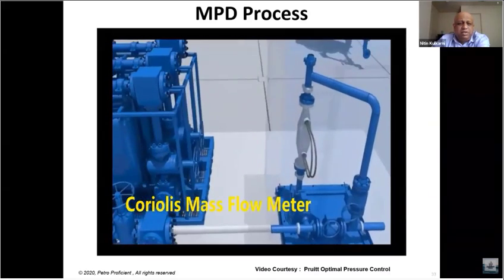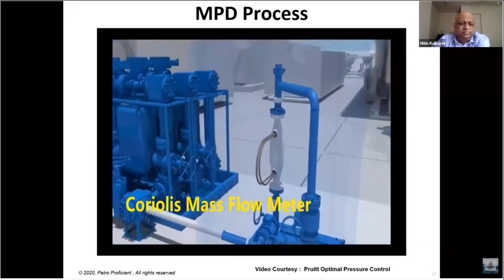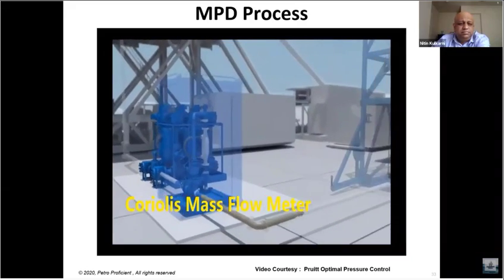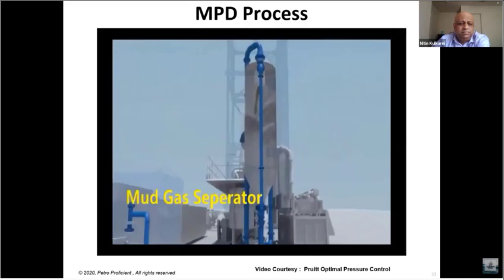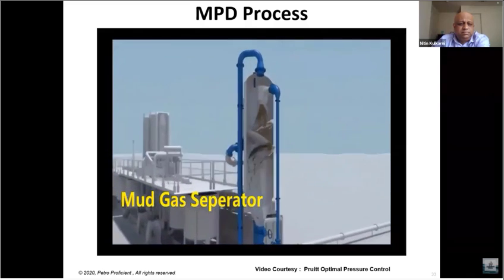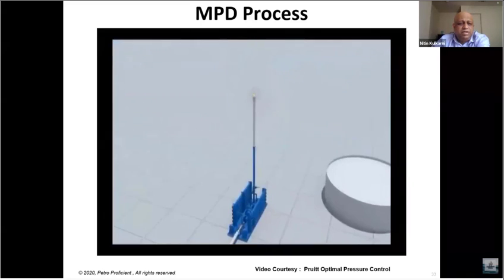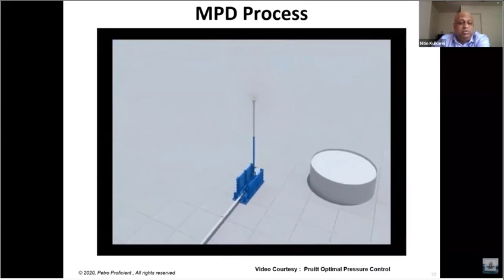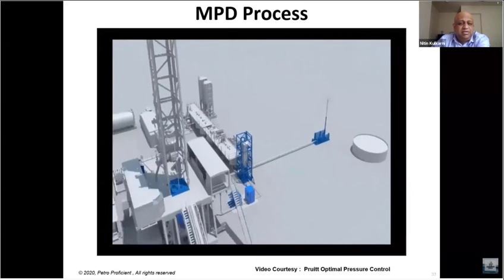And that's the Coriolis meter. This is the manifold, and this is how it would look from inside. That's your mud gas separator. In case you're having gas in the well, you would typically use that, and that's your flare.